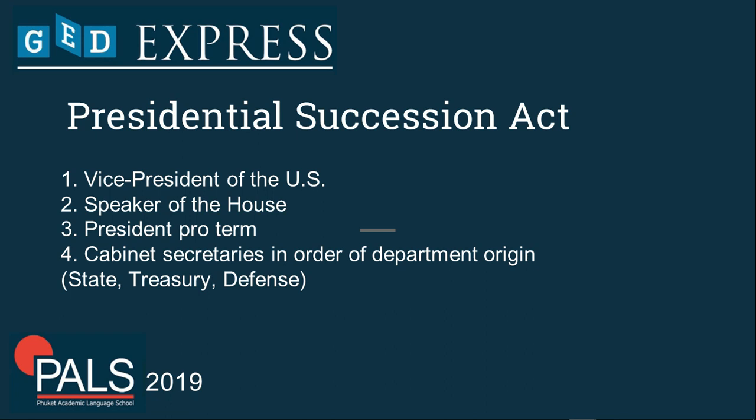And we have also the Speaker of the House, the President pro tempore, and the cabinet secretaries in order of department origin, which are the following: State, Treasury, and Defense. The Presidential Succession Act is very significant and essential to the government, which has 3 branches with checks and balances.